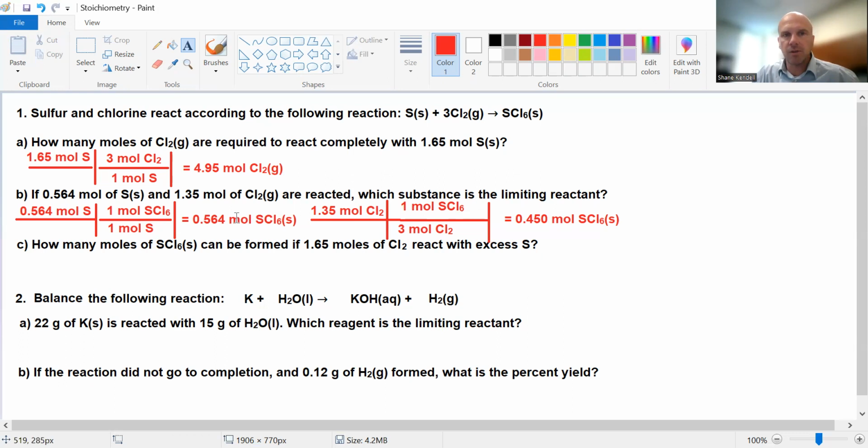That's how many moles of SCl6 I would get. Again, as long as there's enough Cl2 to let that happen. And similarly, based off 1.35 moles of Cl2, I can form 0.45 moles of SCl6. Again, provided I've got enough sulfur to support that.